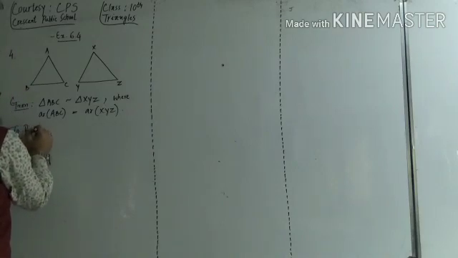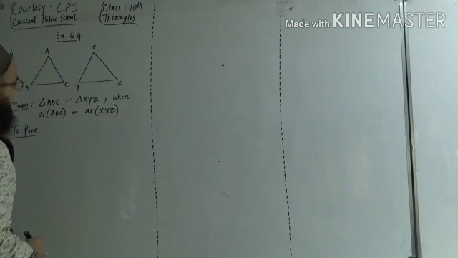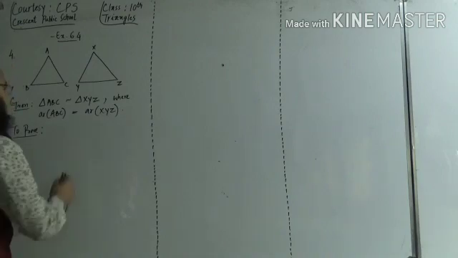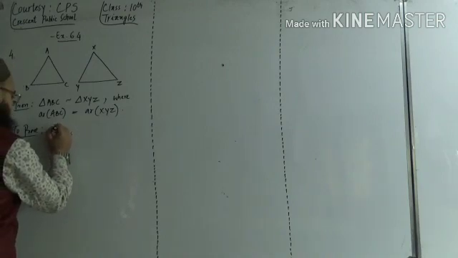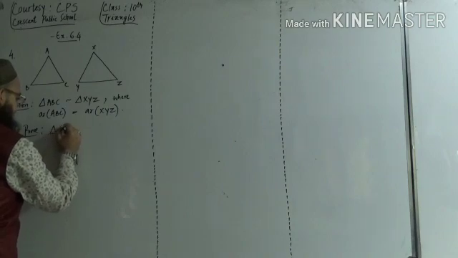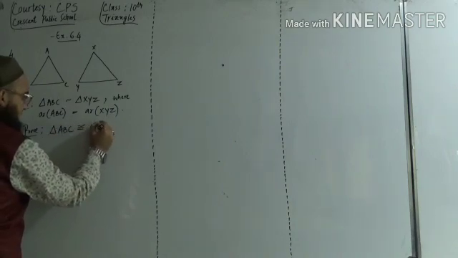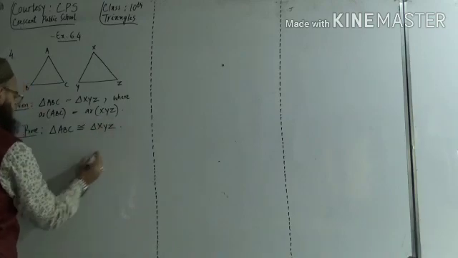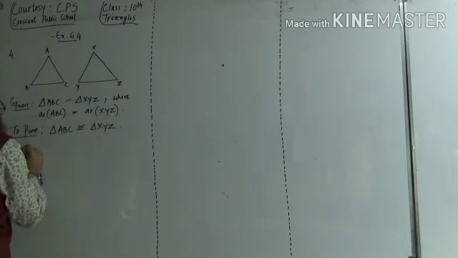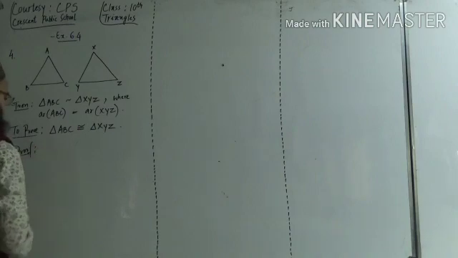To prove, we are going to prove these two similar triangles are congruent. Triangle ABC is congruent to triangle XYZ. Proof.